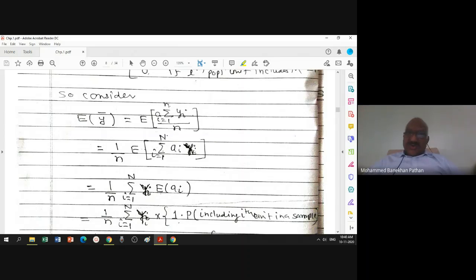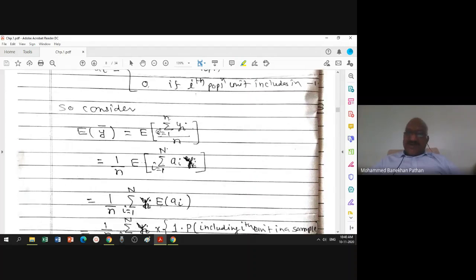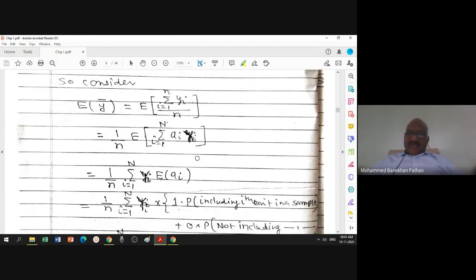So this is the total of the sample, and this is also the total of the sample, but under the definition of this variable, because it is 1 if there is a sample unit, otherwise 0. So this is the sample total for those elements which are already selected in the sample. So now this expectation I took inside the summation.